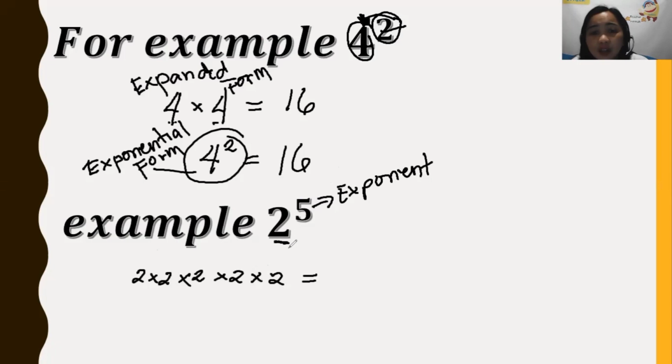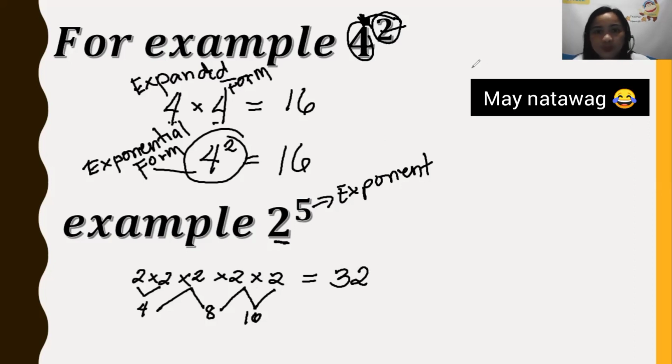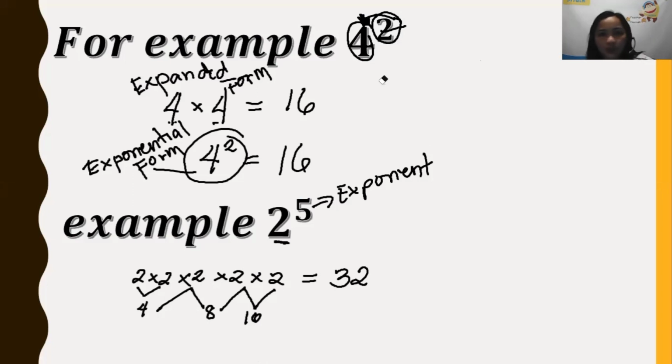So what is the value of 2 raised to 5? We have 2 times 2 is 4, times 2 is 8, times 2 is 16, and times 2 is 32. All right, the answer is 32.